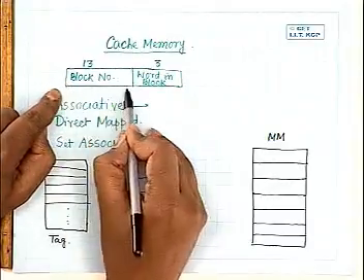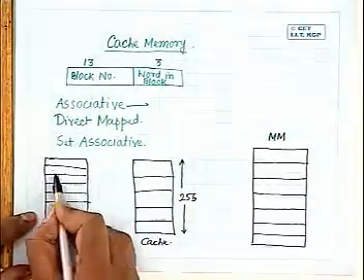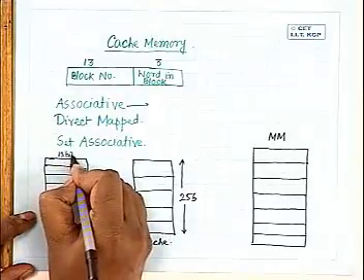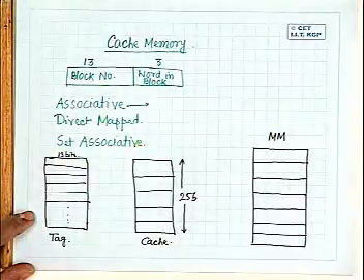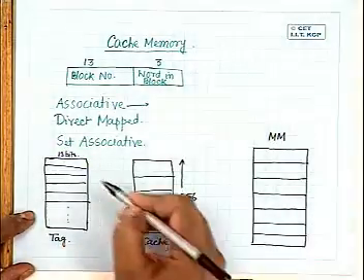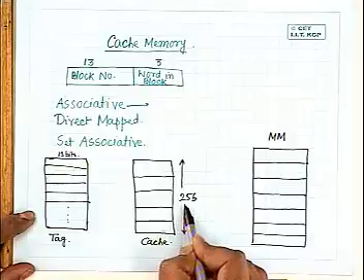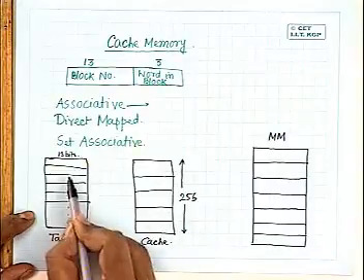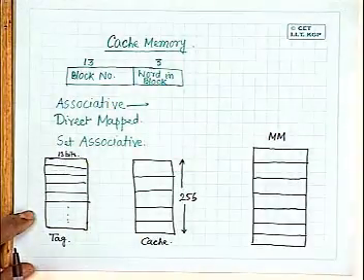Since the block number contains 13 bits, every tag will also contain 13 bits. So in this example, the tag memory will contain 256 locations, or there will be 256 tags, and every tag will have 13 bits.